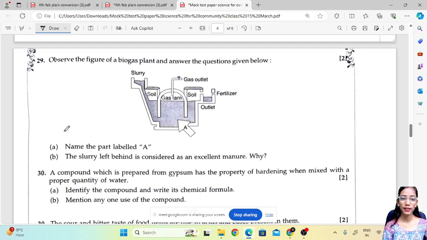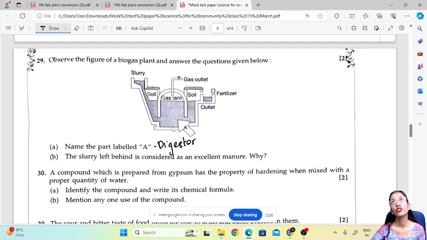Now this question is: name the part labeled A. What is labeled A? This one. What is this? This is a digester. So the answer over here is digester. The slurry left behind is considered an excellent manure. Why?